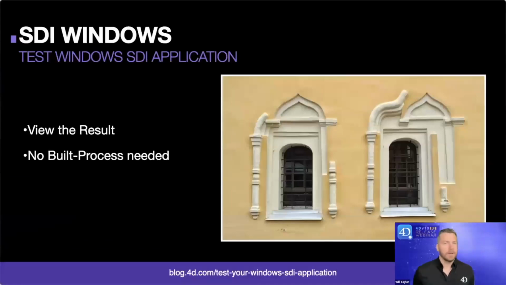Now, for some time now, 4D has allowed you to deliver Windows applications in SDI mode. This is a great feature that was added a few years back in 16 R4. The small problem was that until version 19 R8, testing these applications was a little bit cumbersome because you always had to build first and then test the built application. And in case you're making frequent changes to your UI, this was quite tedious.